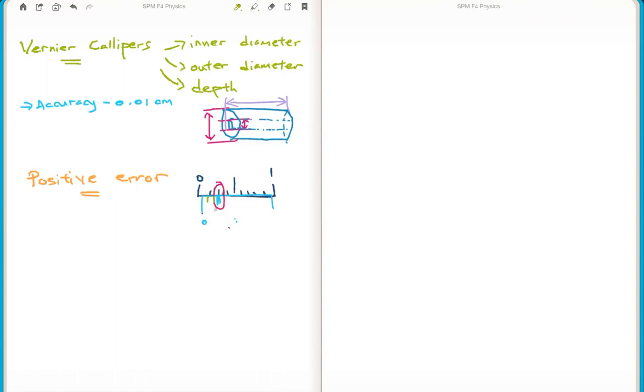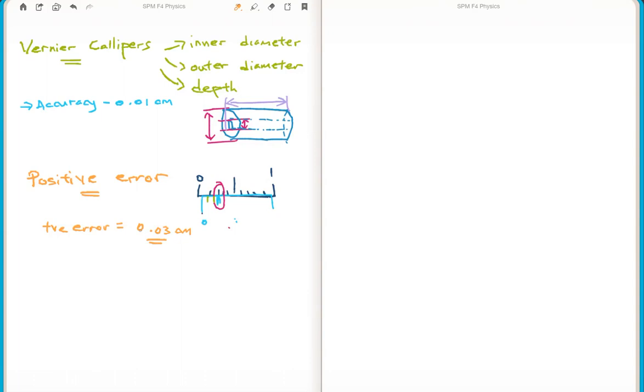If 1, 2, 3, therefore your positive error is equal to 3, 0.03 centimeter. Once you get your reading, you need to subtract this value.